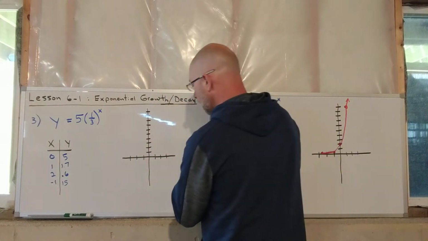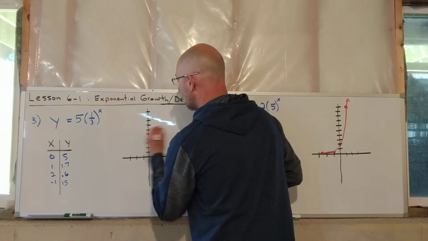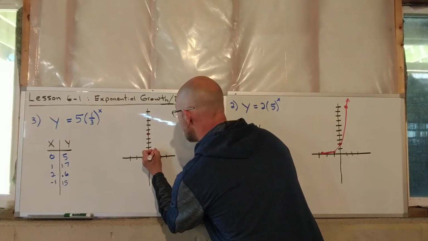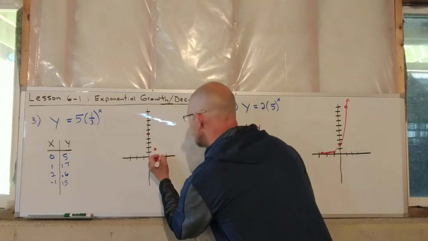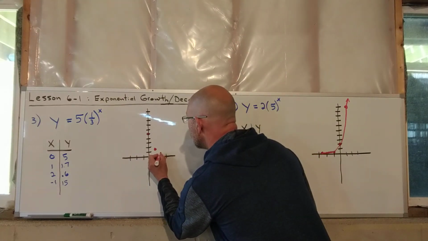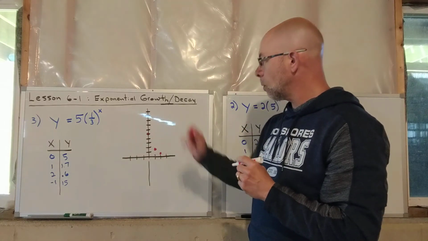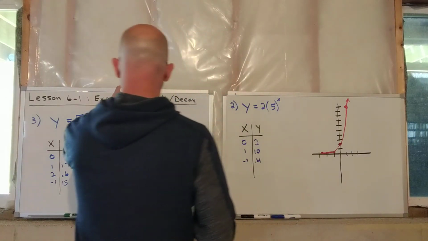So 0, 5, 1, 2, 3, 4, 5. 1, 1.7 is like right there. 2, 0.6 is like right there. Then negative 1, 15. Now I only scaled this up to 10 again, so I'm just going to go like this.